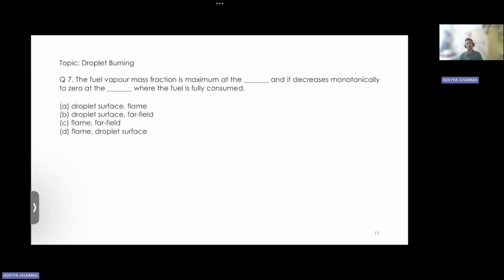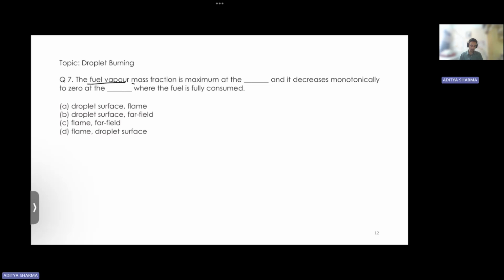This is from the non-premixed combustion system context. So your fuel vapor mass fraction is maximum at what location and it is 0 at what location. Four options have been given.